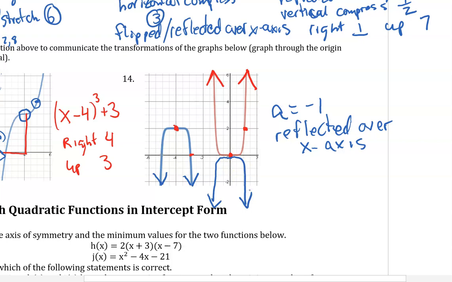When that occurs, I would get the graph that looks like this. And then I need to move that. Again, looking at my scale, I would move it 1, 2, 3, 4 to the left, and then 1, 2 up.